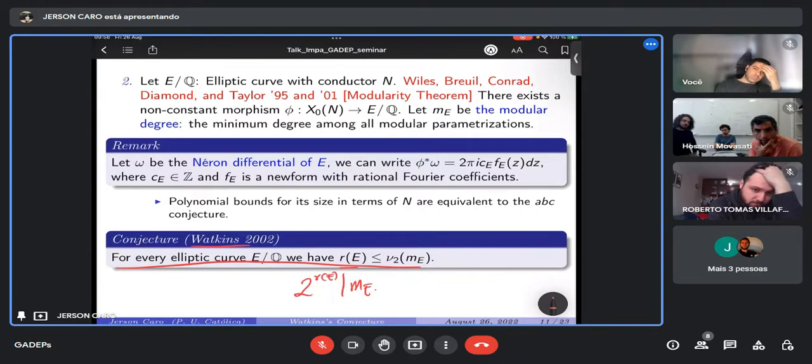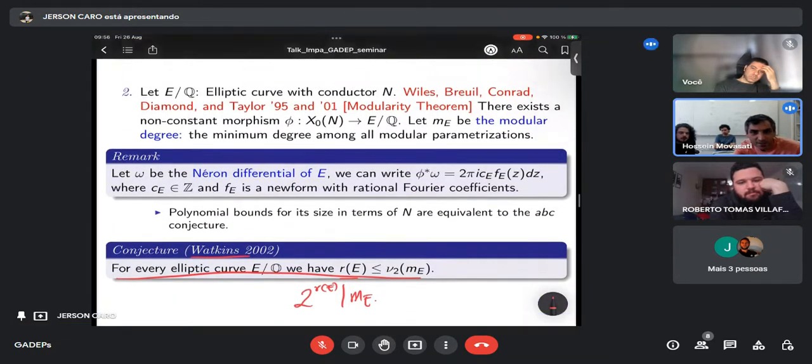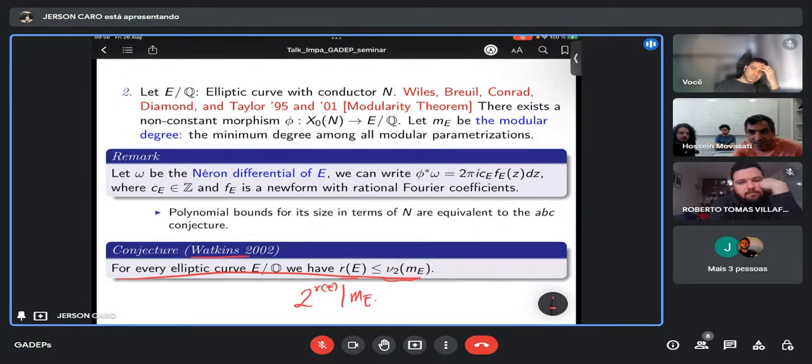Okay. Questions about this conjecture? Jerson, can you show once again this v2(m_E)? What was that? I think I missed. What is v2? This is the two-adic valuation, the biggest power of 2 that divides m_E.